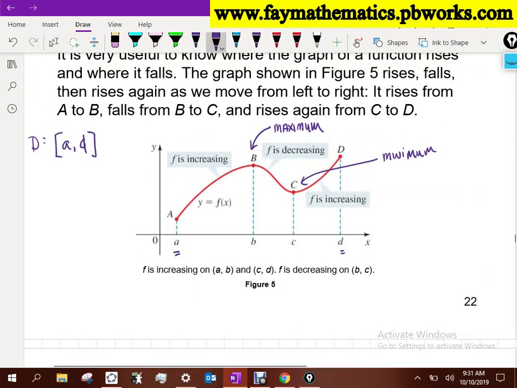What we're doing here is when we ask ourselves where, they'll say, you need to write this down. This is important. People mess this up a lot. Where, or when, or on what interval. Okay, so those are the three types of questions they'll ask.